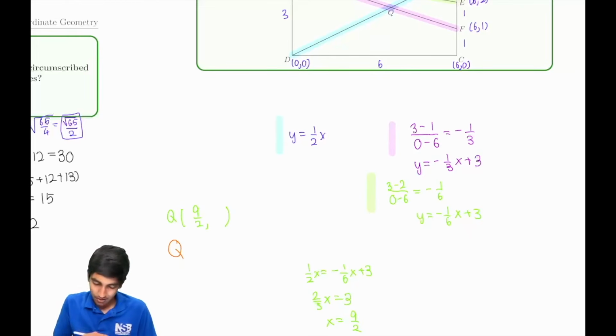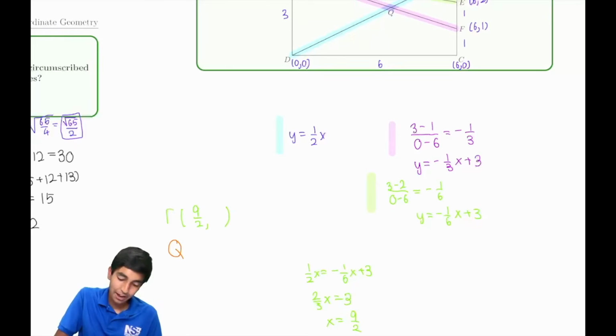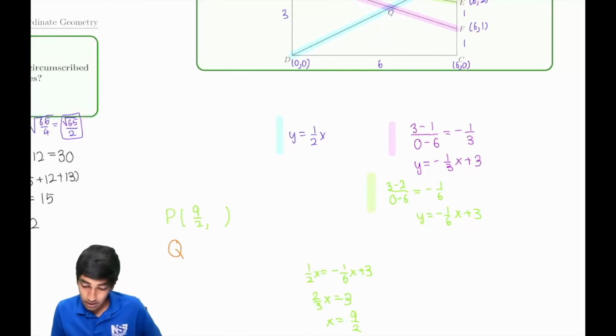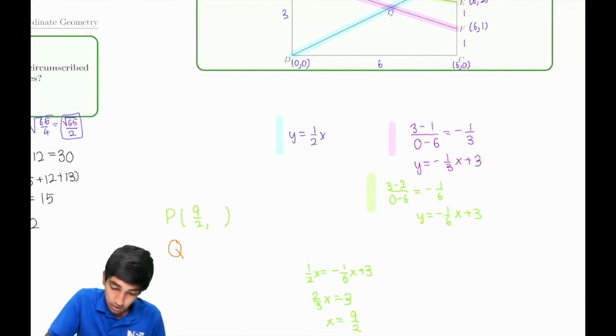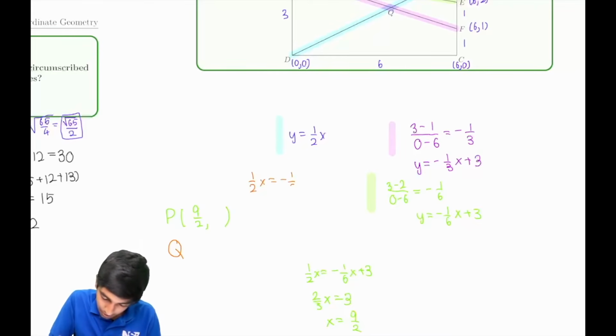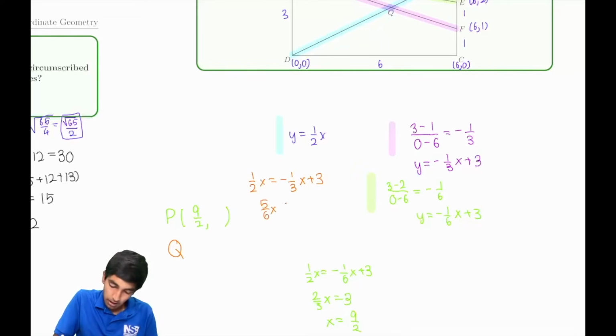Yeah, okay, this was P. I had it right originally. And then Q is the intersection of the blue line and the purple line. So the blue line, half x, equals minus 1/3 x plus 3. So 5/6 x equals 3. X equals 6/5 times 3, 18 over 5.